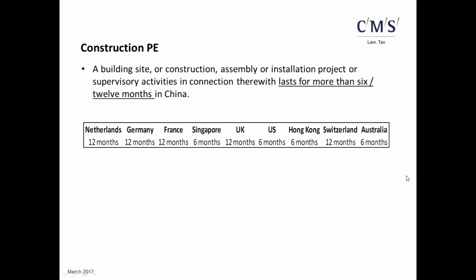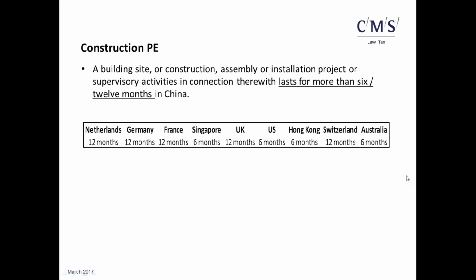But for some other DTTs, like the DTT between China and Singapore and the US and Hong Kong, and Australia, they have this prescribed 6-month time threshold.